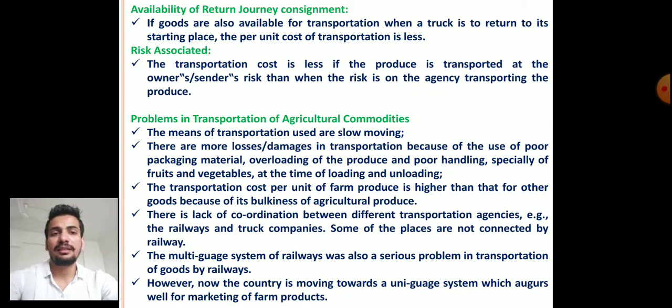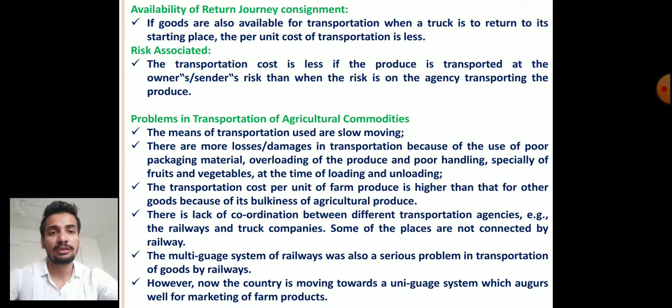There is a lack of coordination between the transportation agencies, the railways and the truck companies. Some of the places are not connected by the railways also. The multi-gauge system of railways was also a serious problem in the transportation of goods by railways. Multi-gauge means on the same track there are many railways running.